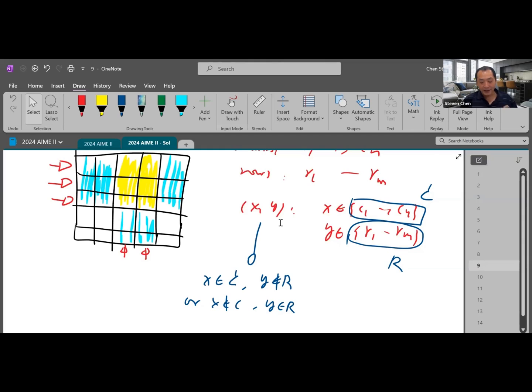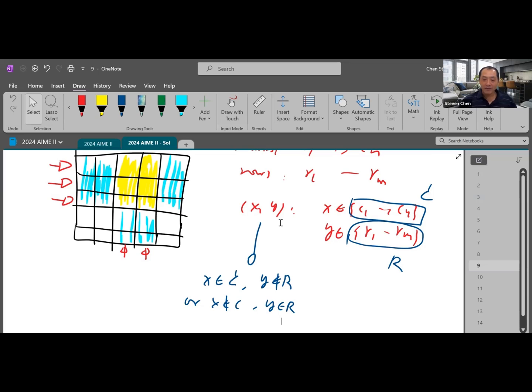First, they cannot be occupied by white, right? Because it violates the condition about which rows and columns are occupied by white. But why can't we make them empty? For instance, let's look at the bottom left. It's because it will violate condition 3, right? If we put the bottom left one to be black, it doesn't violate the first and second conditions. Basically we can't have any column or row that is not occupied by anything. That is not good.